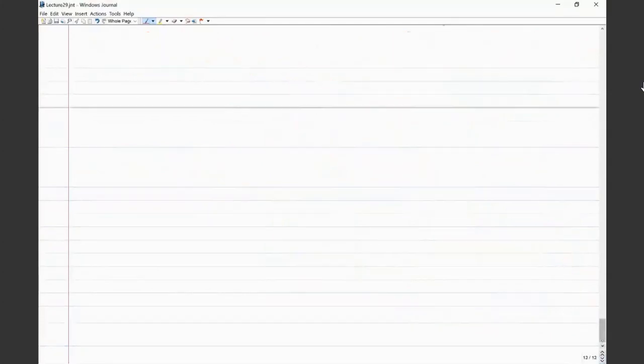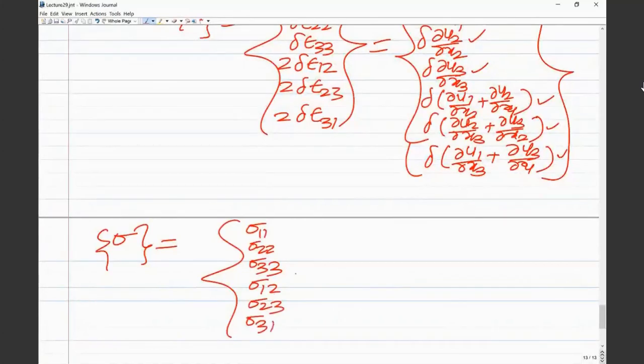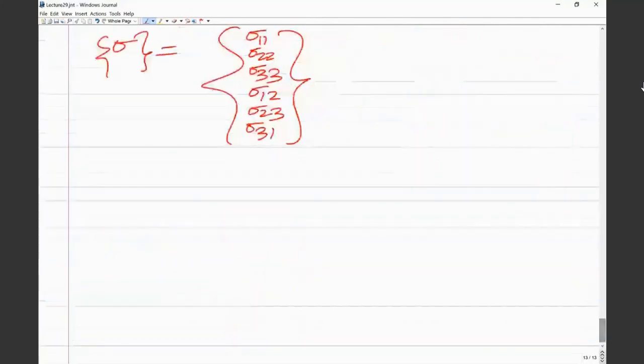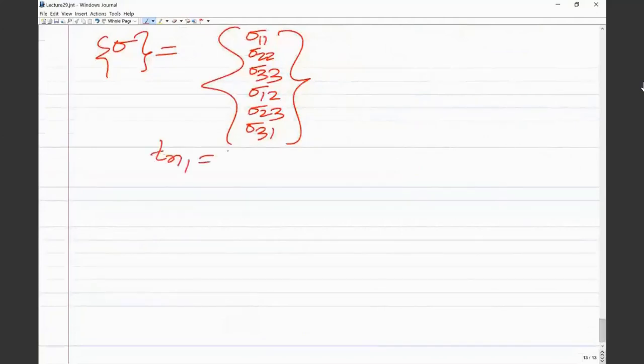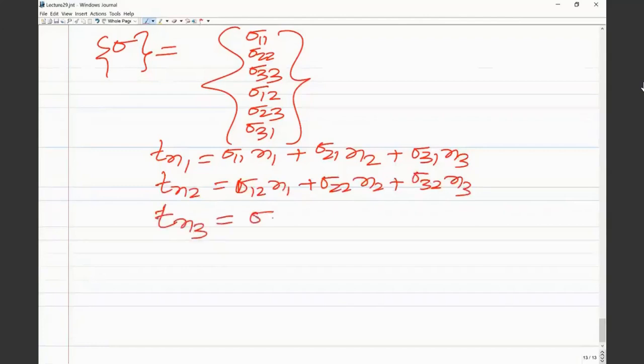Similarly, sigma, as per the Voigt notation, I am writing as sigma 1,1, sigma 2,2, sigma 3,3, sigma 1,2, sigma 2,3, and sigma 3,1. And for the components of the traction vector, tn1 is equal to sigma 1,1 into n1 plus sigma 2,1 into n2 plus sigma 3,1 into n3, and tn2 is equal to sigma 1,2 into n1 plus sigma 2,2 into n2 plus sigma 3,2 into n3, and tn3 is equal to sigma 1,3 into n1 plus sigma 2,3 into n2 plus sigma 3,3 into n3.